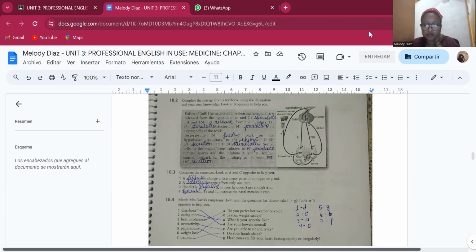Number 4, overactivity, to letter E: are you able to sit and relax? Number 5, palpitations, to letter G: have you ever felt your heart beating rapidly or irregularly? Number 6, weight loss, to letter B: is your weight steady? Number 7, tremor, to letter F: do your hands shake?